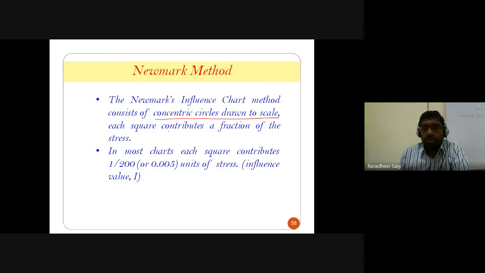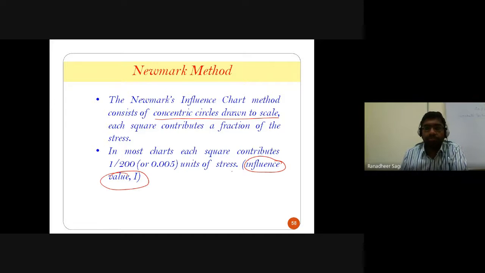Those elemental areas are in turn used in ultimately understanding how much your corresponding vertical stress is going to be in your soil at any particular depth. So here in this Newmark chart, what we are going to be looking at is something called an influence factor or an influence value, which is indicated here.